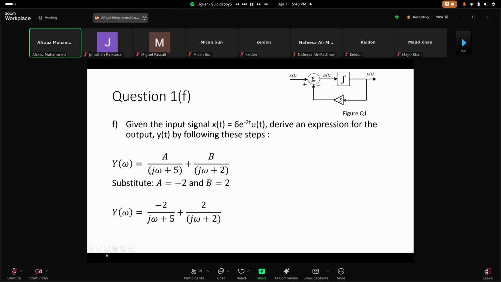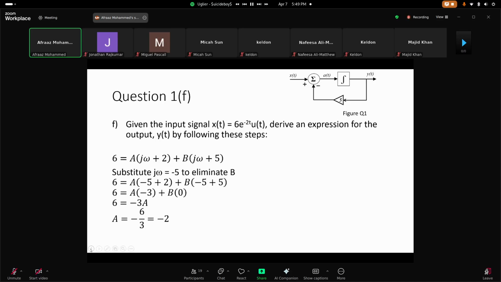Another thing I want to point out when you're doing the elimination: let's say, for example, this was j omega plus 0.5. The simplest thing to do in a case like this, when you have to eliminate that term, is to substitute j omega equals minus 0.5.